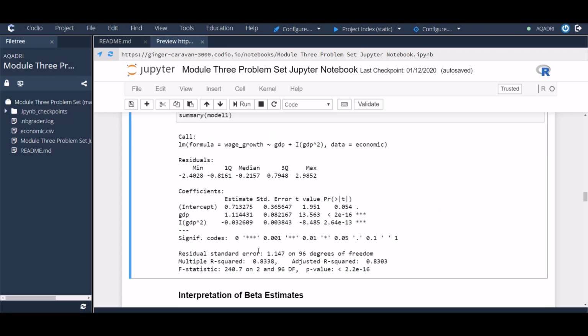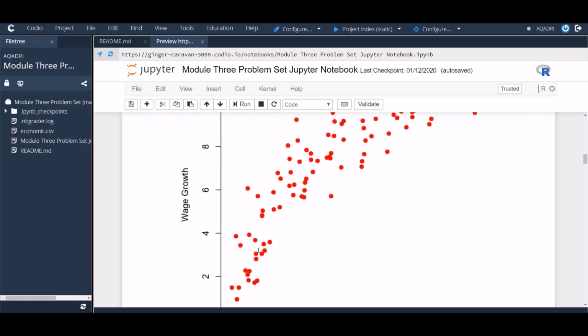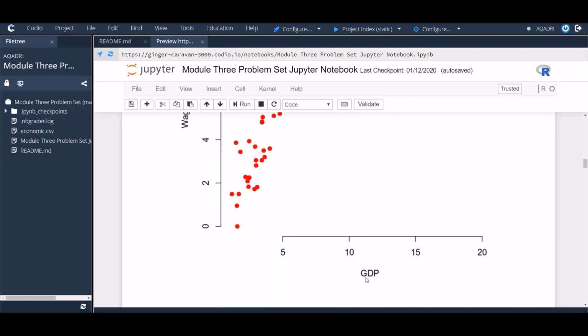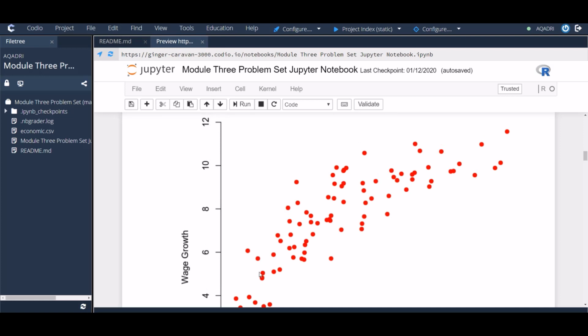So let's just look at that. If we scroll up to the scatter plot, this is the wage growth with GDP, and you can see that this relationship is not linear. So you have a curvature here, and the curvature points to a downward concavity. The curve sort of increases here, but then starts a downward movement.